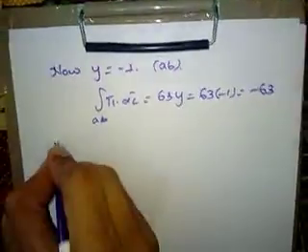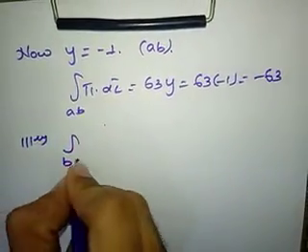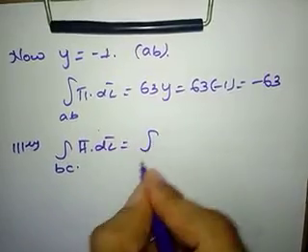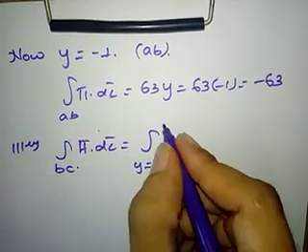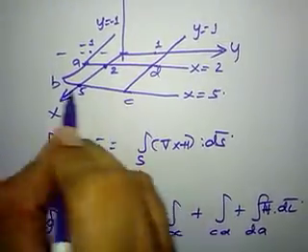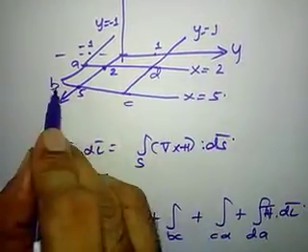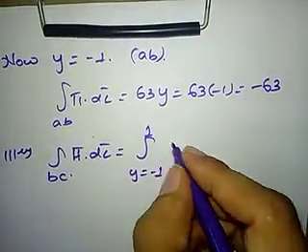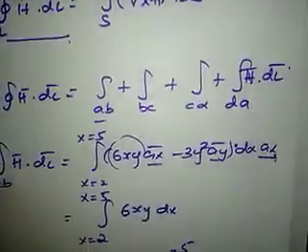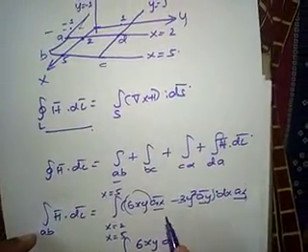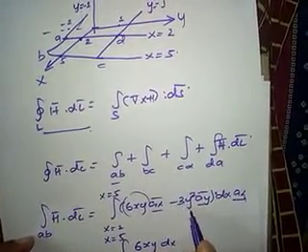Next, for b to c, h bar dot dl bar is the integral with y equal to -1 to 1. So if we take b to c, y is changing, right? This is the y direction, y is changing from -1 to +1. So this is the same equation, 6xy ax bar minus 3y square ay bar, dot dy ay bar. The ax term will be 0, only minus 3y square we will get now.